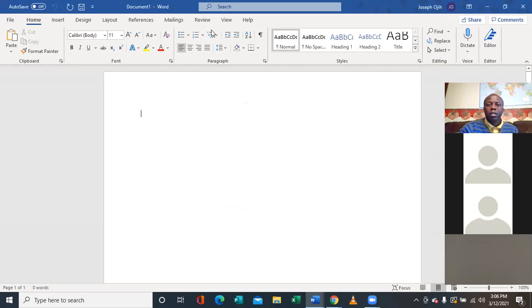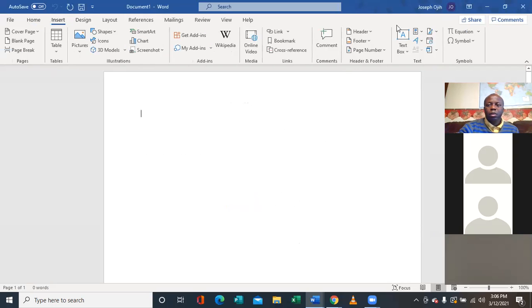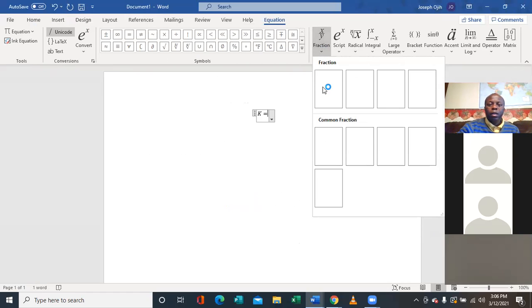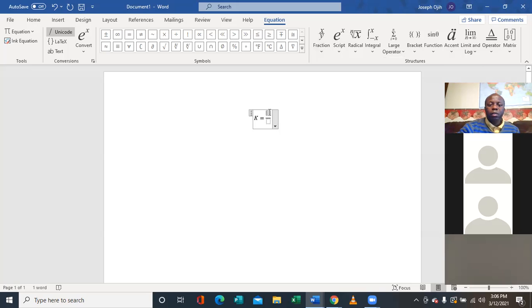K equals upper end minus the mean, where you use the symbol mu to represent the mean, it's somewhere here.